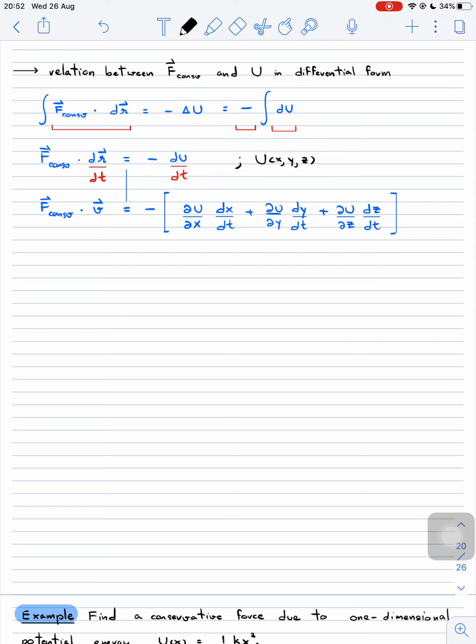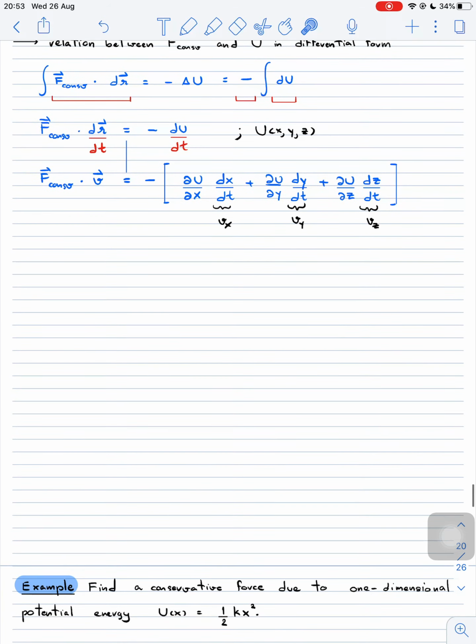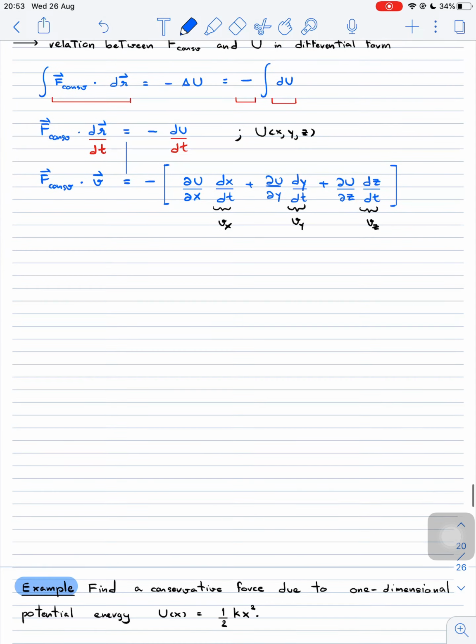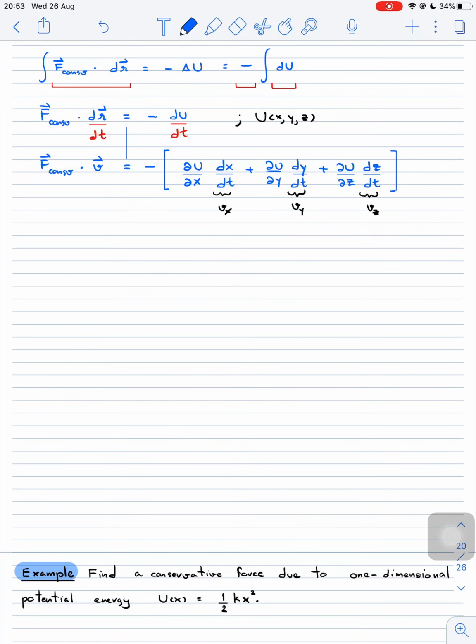By definition, dx by dt equals vx, dy by dt equals vy, and dz by dt equals vz, where vx, vy, and vz are the components of the velocity along the x, y, and z axes respectively. Then we say that the gradient of u is equal to unit vector i times du by dx, plus unit vector j times du by dy, plus unit vector k times du by dz.